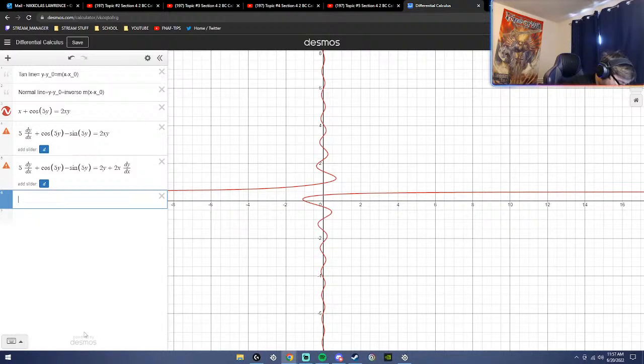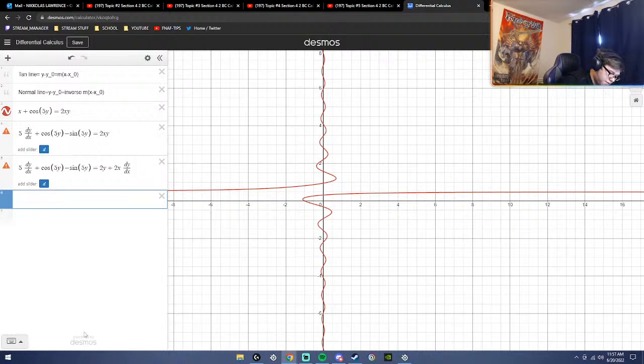So then when you get dy/dx to itself, we would factor it out, so it's going to be dy/dx times the quantity 5 minus 2x is equal to negative cosine of 5y plus sine of 5y plus 2y.